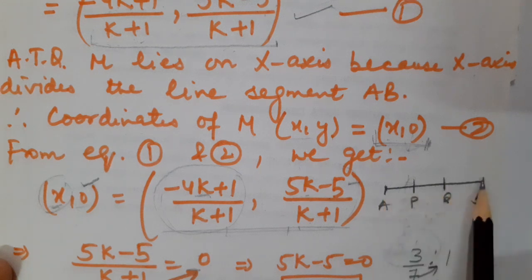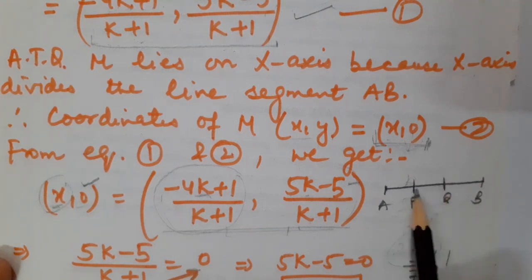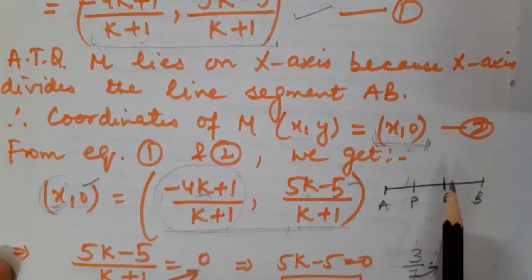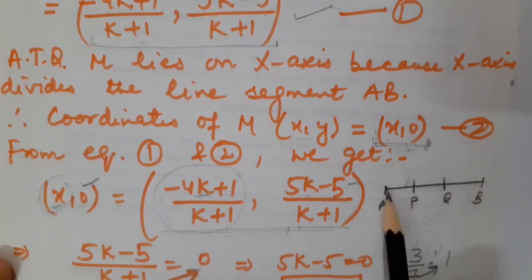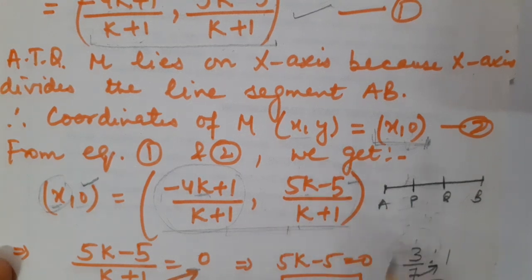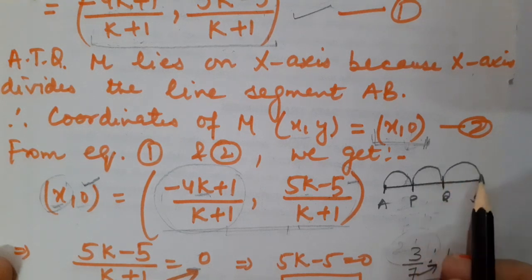One more small point I want to add. Children, suppose you have a line segment given, and it is said that you have to calculate the coordinates of the points of trisection. Tri means 3, so definitely there will be 2 points of division which are going to divide this complete line segment into 3 equal parts. So this is 1 ratio 1 ratio 1.